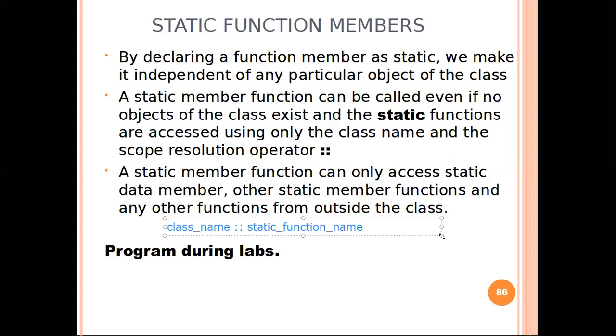It directly accesses only static data members and static member functions available inside that program. So this is related to the static function. I will give one more example with respect to static, so you'll get a better idea.